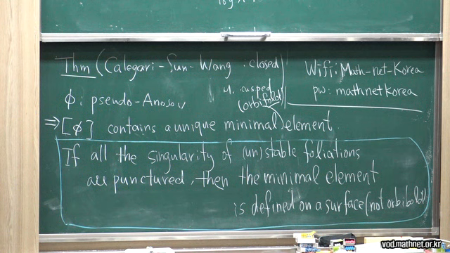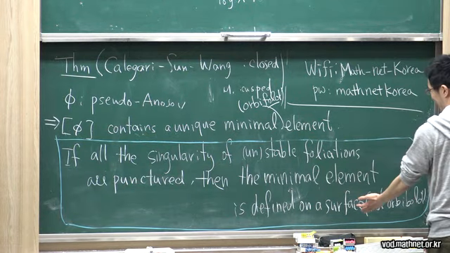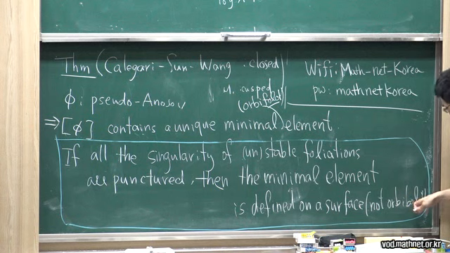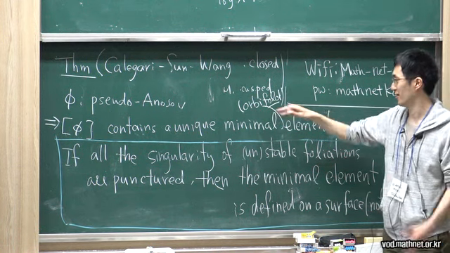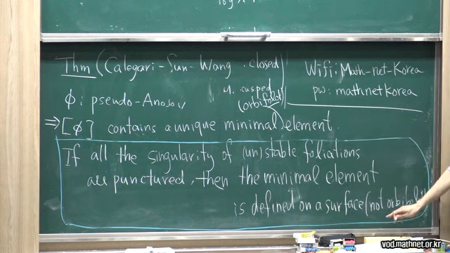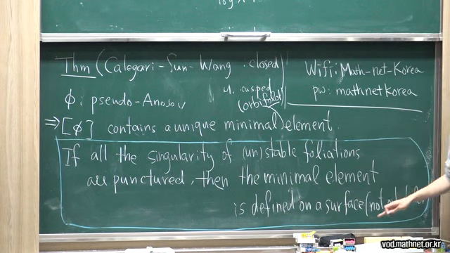Can you say what it means that it's not defined on an orbifold? Well, there's no orbifold singularity on the surface. So by orbifold I mean a surface with orbifold singularities.